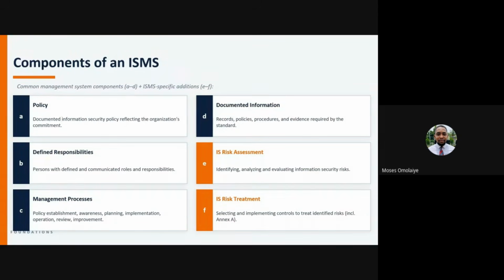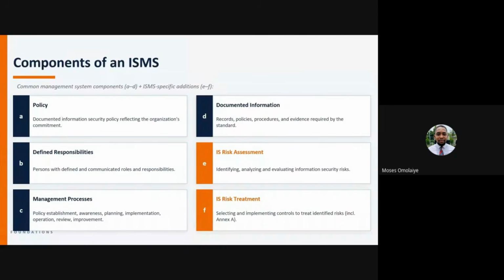Then awareness is a management process. You have to do the security awareness and all of that, and make sure that people are aware of the ISMS program and what it entails. Then the planning, of course, it is management that would approve resources, be it financial, be it personnel resources, whatever.